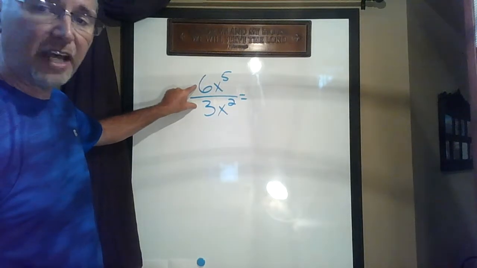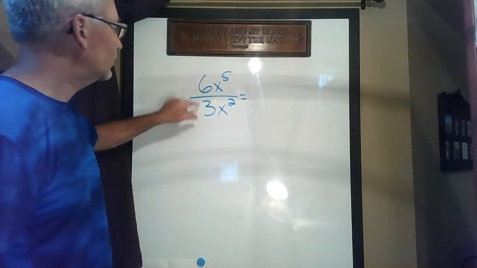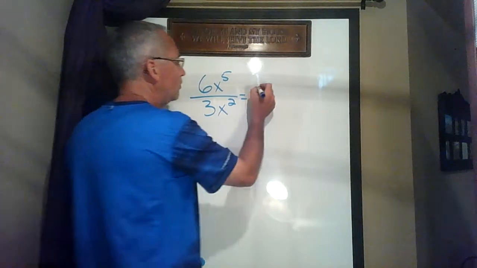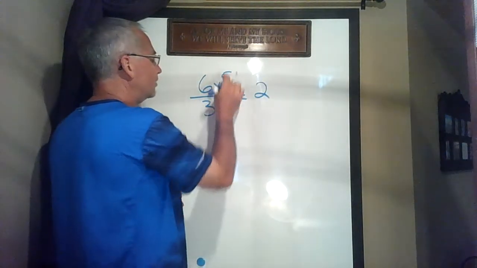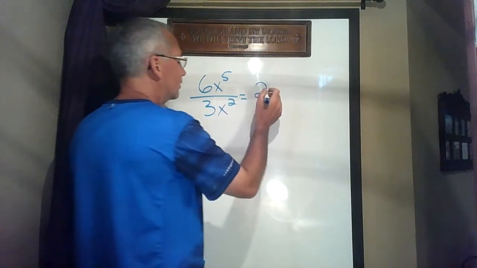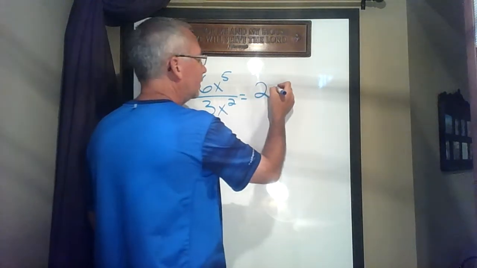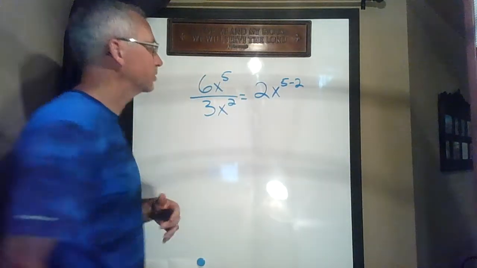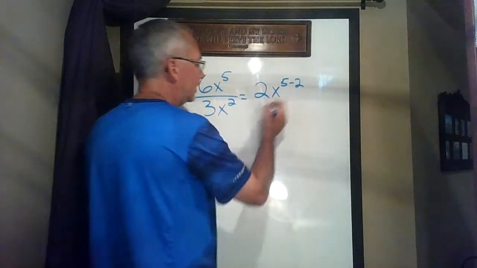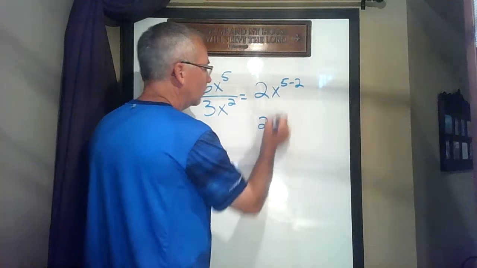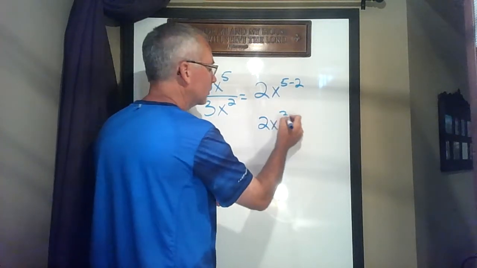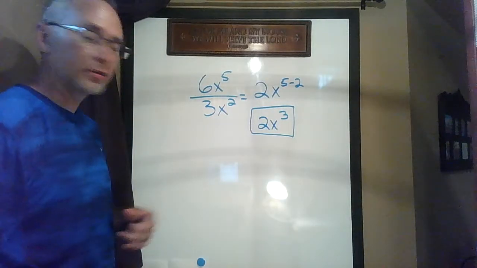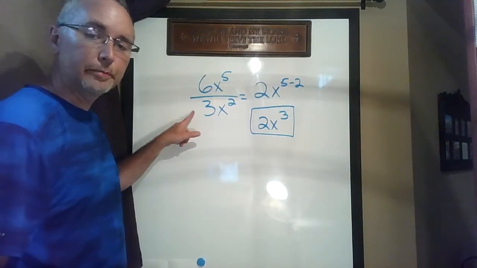We're going to handle this the same way we always do. 6 divided by 3 is 2. Then I have x to the 5th over x to the 2nd, which is really x to the 5 minus 2, because it's a division problem. What is 5 minus 2? It is 3. So I end up with 2x to the 3rd.